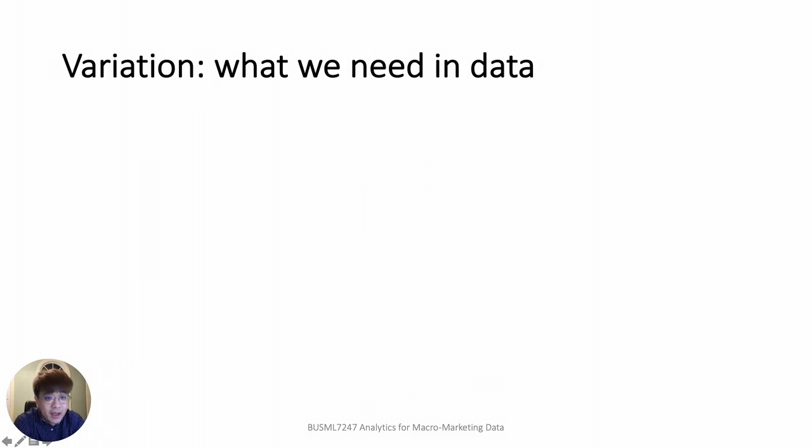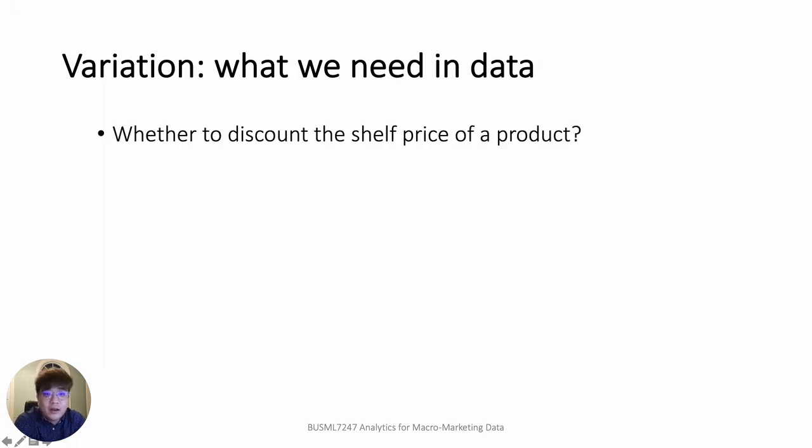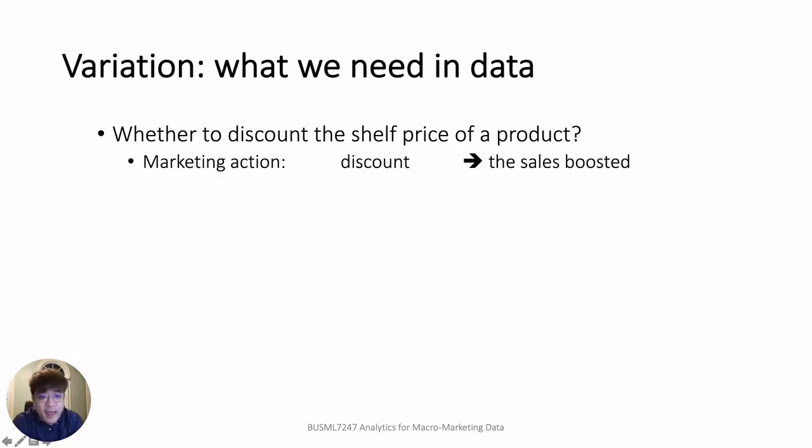To measure an effect, what do we need? If someone asks me to pick the most important one we need, my answer is variation in data. Let's go back to the first research problem. The action that involves the problem is to discount the price, and the effect of the discount is what we want to investigate.